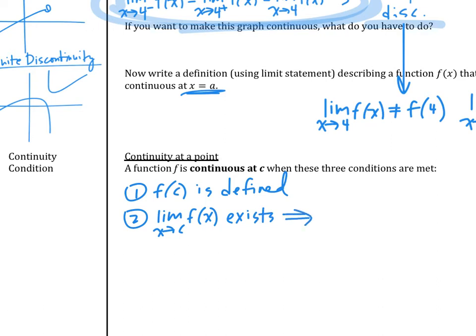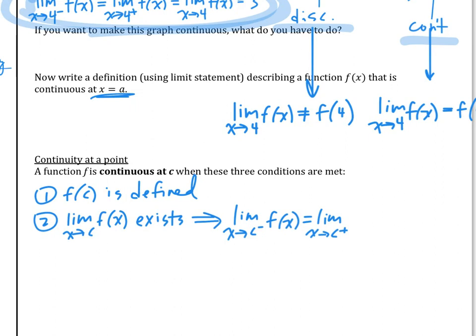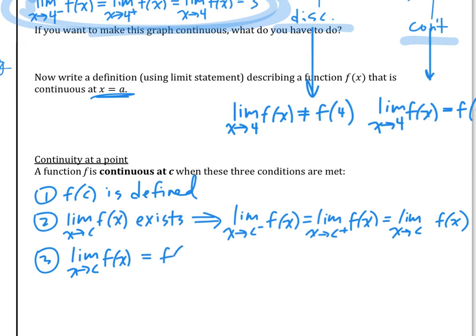And how do you prove that it exists? The left-hand side of c is going to the right-hand side of c, and therefore that is equal to the limit at c. The third thing you have to prove is that the limit at c equals f of c.